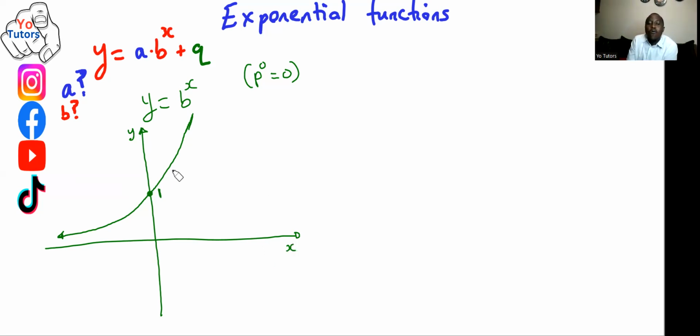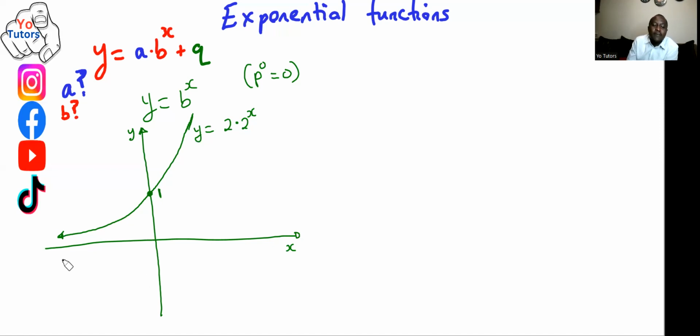Now, I want to know how a affects this whole thing. If a is above 0, we'll see a normal graph like that. But if it's below 0, meaning a is negative, that will be a reflection. For example, let's say this graph is y equals 2 to the power of x. In that case, our 2 is positive, so our graph will look like that.